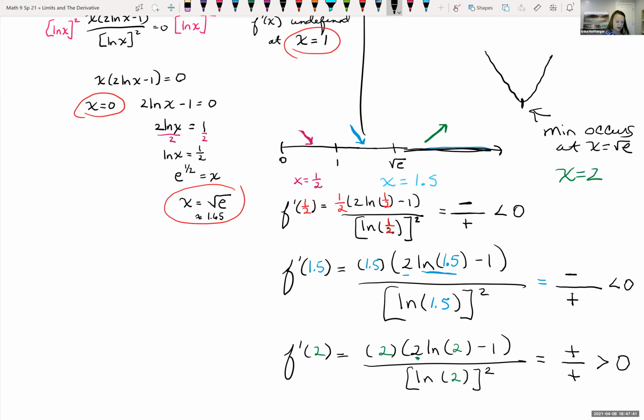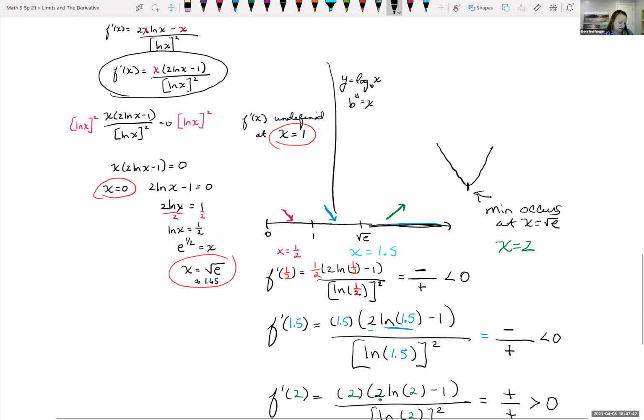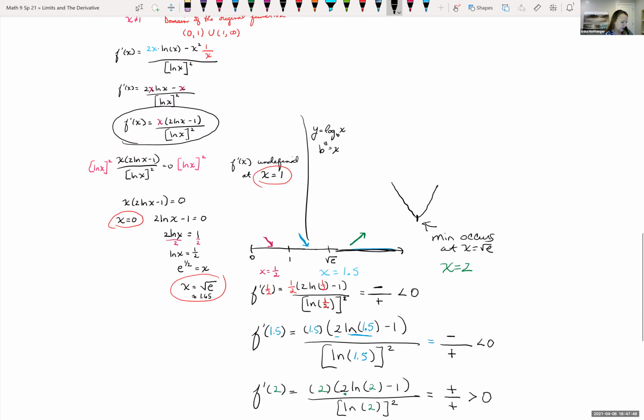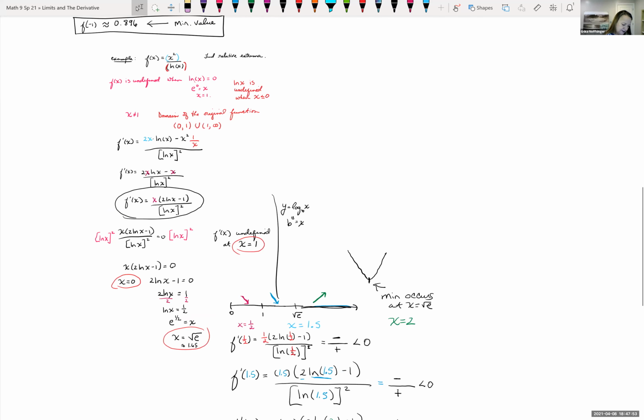So we want to find out what is that value if I plug that square root of e back into my original function, which is way back up here. Let me just pull that down. So f of x is equal to x squared all over natural log of x.